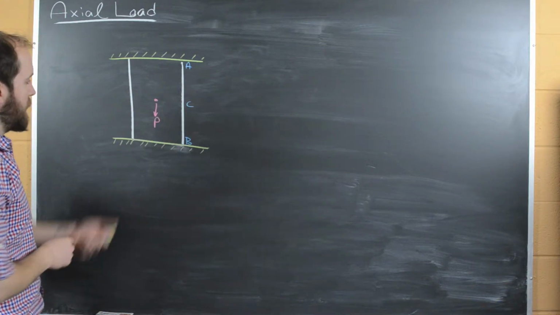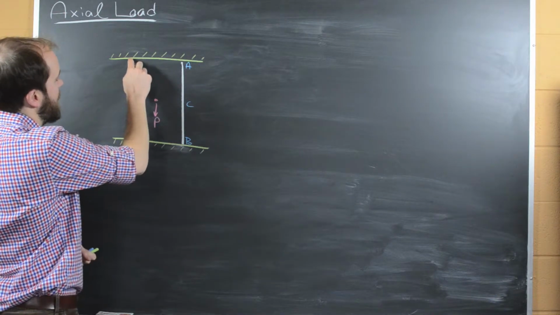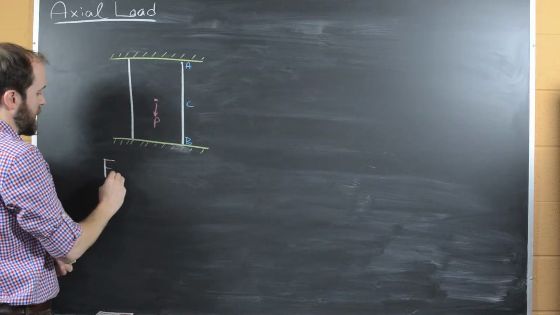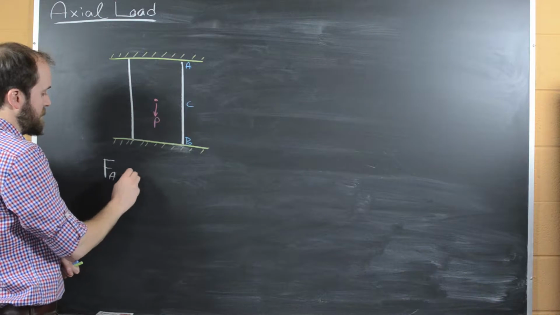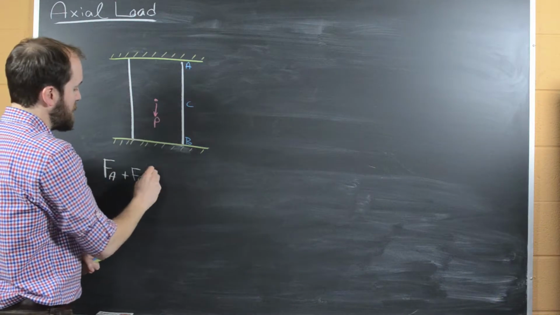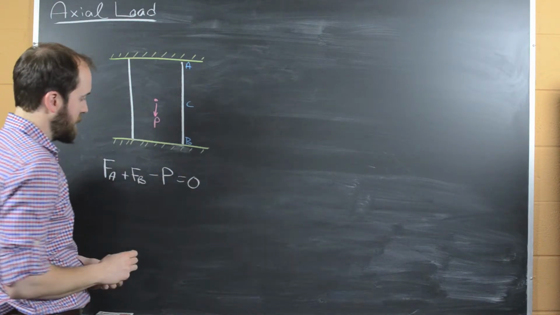And so in this case here, because we're pulling down at a point P, and because it's bound at the top and at the bottom, there's going to be a reaction force at the top, F sub A. There's going to be a reaction force at the bottom, F sub B. And then there's going to be this negative force P pulling down. And that's all going to be equal to 0.